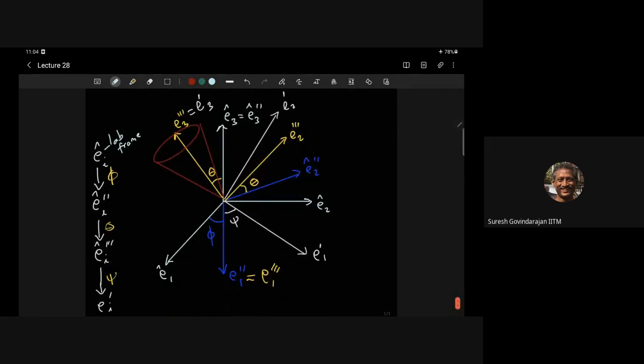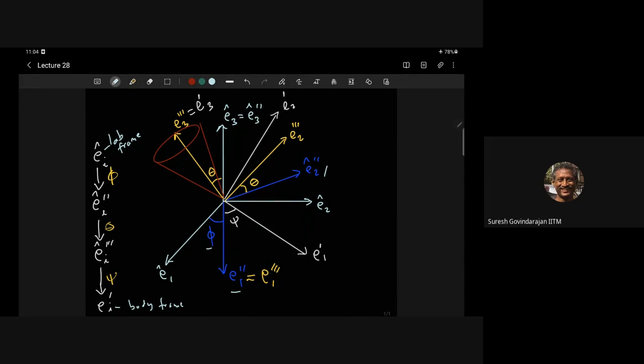So the first step we do is to go from E_i, and we do a rotation about the z-axis by phi, and we get this frame which we'll call double prime. Why double prime? Because single prime is taken over by the body frame, so that is our frame eventually. So this is the phi rotation, these blue axes. First thing to notice is that since it's a rotation about the z-axis, E3 prime will be equal to E3 double prime will be equal to E3. It doesn't do anything to that, but these two will change. That is this angle phi.